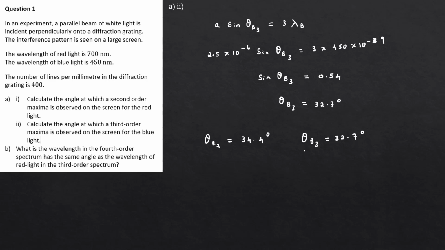Bleu, in fact, diffract less. Parce que comment je trouvais ici le sin theta, si j'analyse la formule, A sin theta is equal to M lambda. Alors, ce cas fait sin theta égal M lambda over A. Et là, il est same parce que c'est la même lumière et le même diffraction grating. Alors, plus un wavelength est grand, c'est-à-dire par exemple red light, plus son order qui besoin pour gagner son maximum, les pour besoin plus petit.